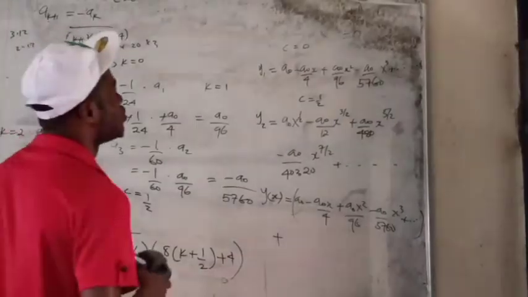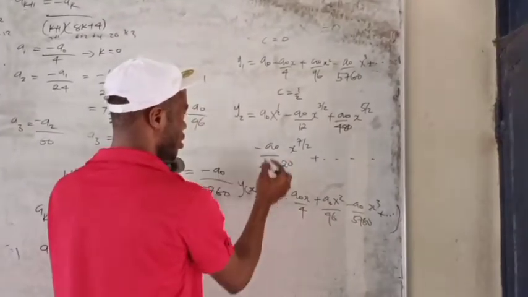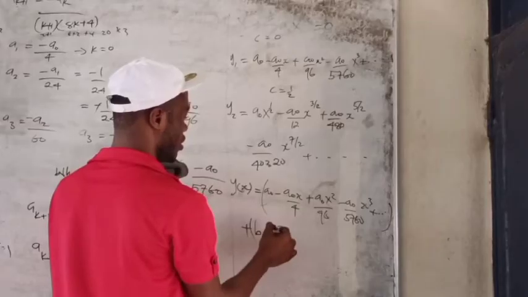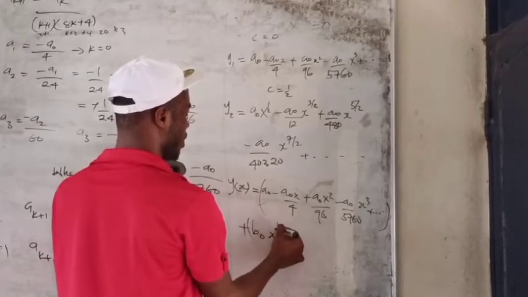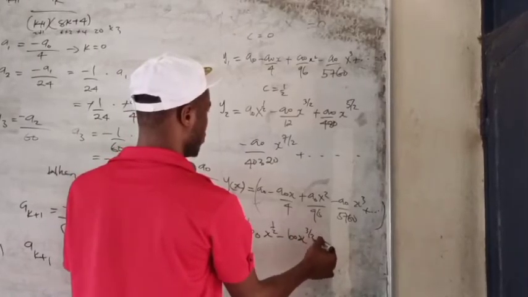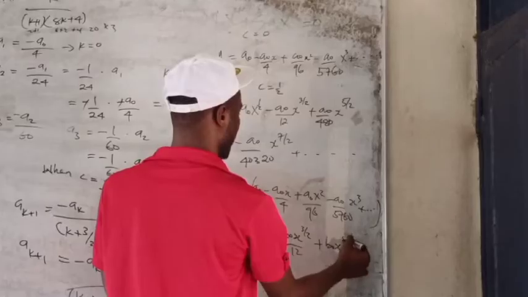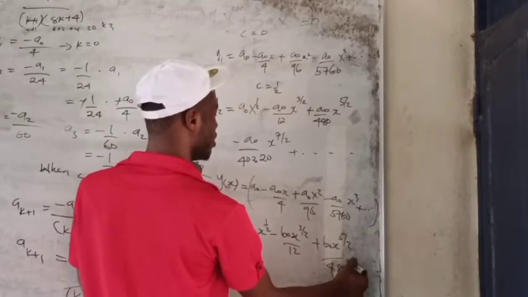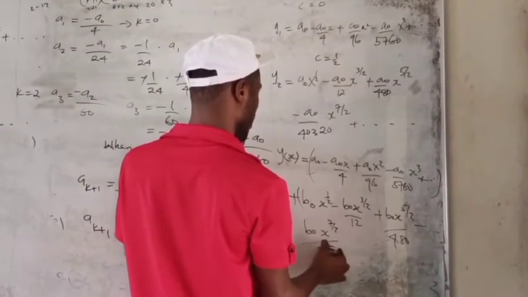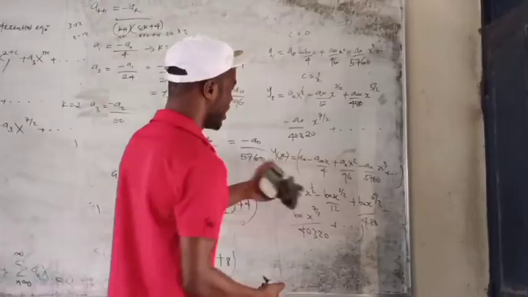So if I use b0, I have b0 x raised to the power of 1/2 minus b0 x raised to the power of 3/2 over 12 plus b0 x raised to the power of 5/2 over 480 minus b0 x raised to the power of 7/2 over 40,320. This series continues. So this is the answer to the question.